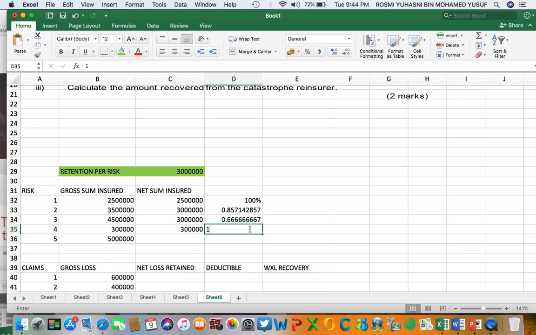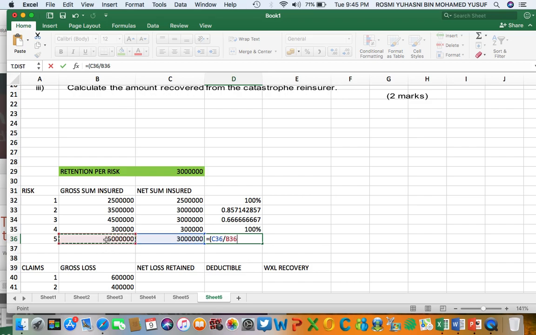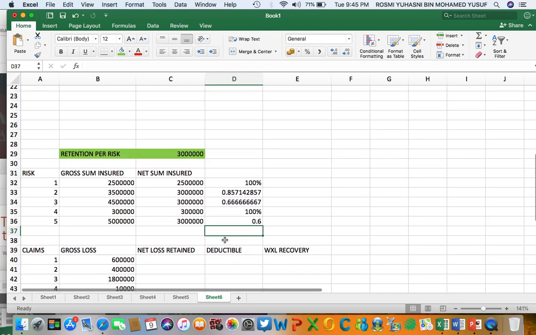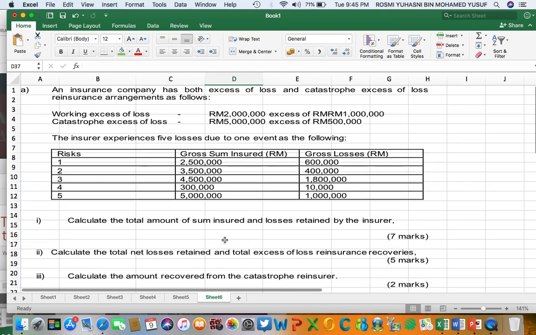Going to be 100%. Risk number 5, gross sum insured is 5 million. Insurer is only able to retain up to 3 million. So in terms of percentage, they will retain 3 million divided by 5 million, 60%. So now you have completed the first step.